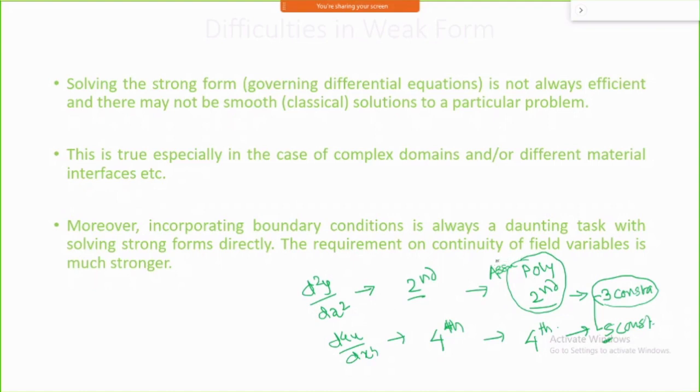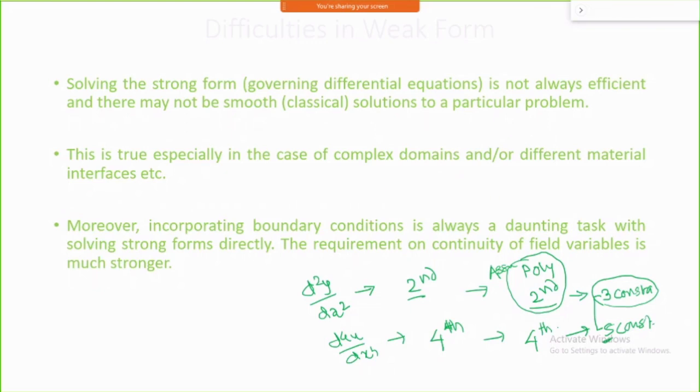That is basically a limitation in all these forms, the weighted residual form, and that is what is called the strong form. So we'll now look at the technique by which we can reduce the requirement from second order to first order.